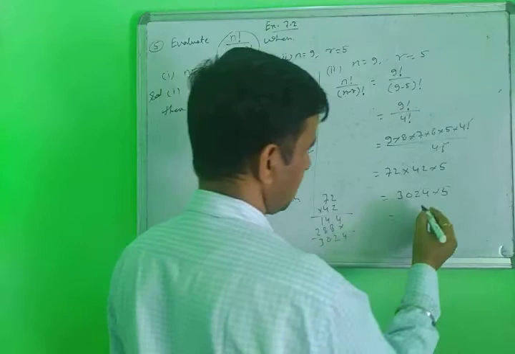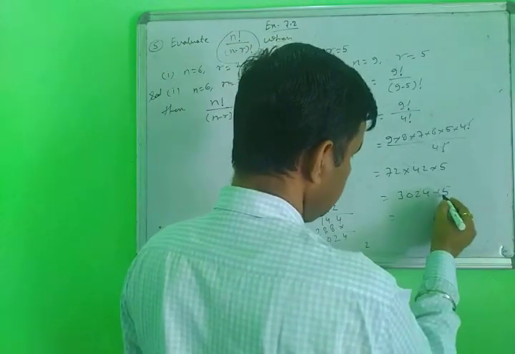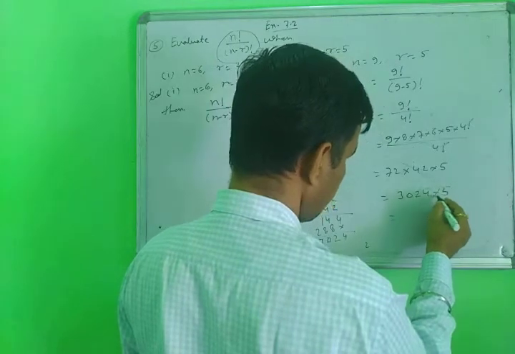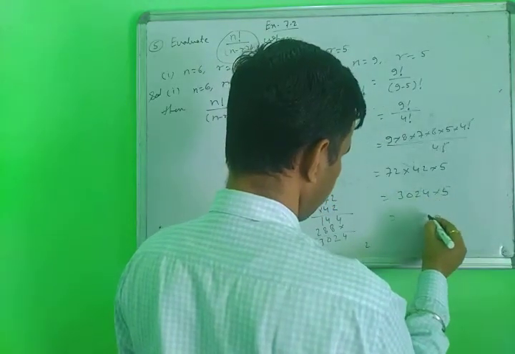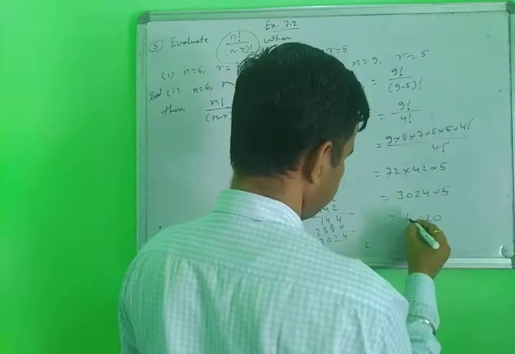Again the last multiplication here: 5 into 4 is 20, carry 2, 5 into 2 is 10 plus 2 is 12, carry 1, 12 complete, 5 into 3 is 15.